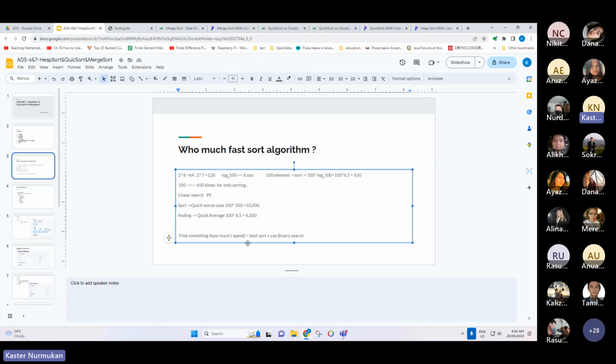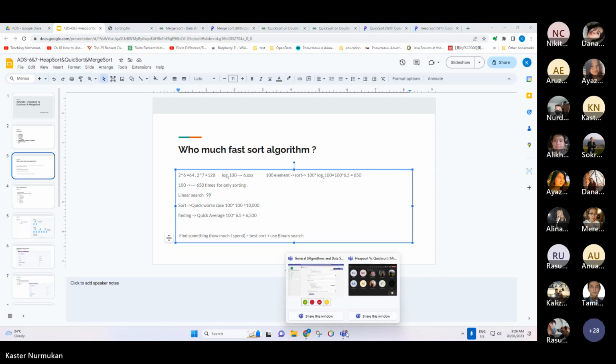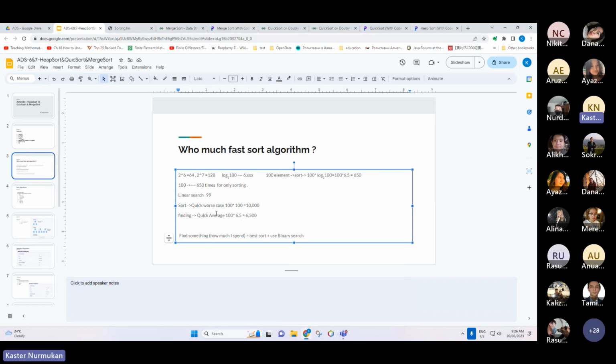Okay, so if I'm using 100 elements, trying to find one element, at maximum linear search will be 99 times. If I'm using binary search, and the Quicksort algorithm, Quicksort is in n log n time, right?